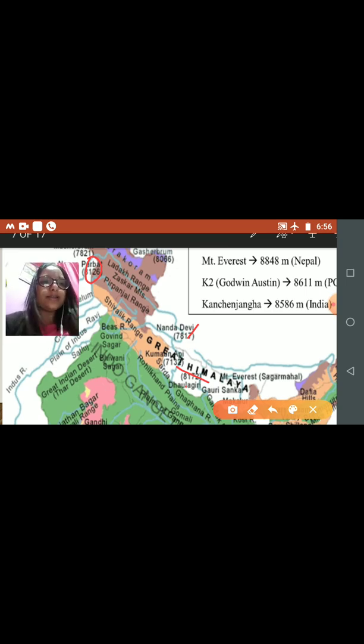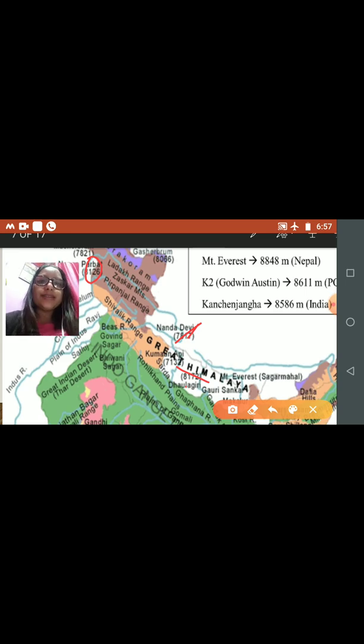Among all these peaks, the peaks that lie completely in India are Nanda Devi and Kanchenjunga. Nanda Devi is the tallest one, not Kanchenjunga. Thus the Himadri contains some of the tallest peaks in the world.